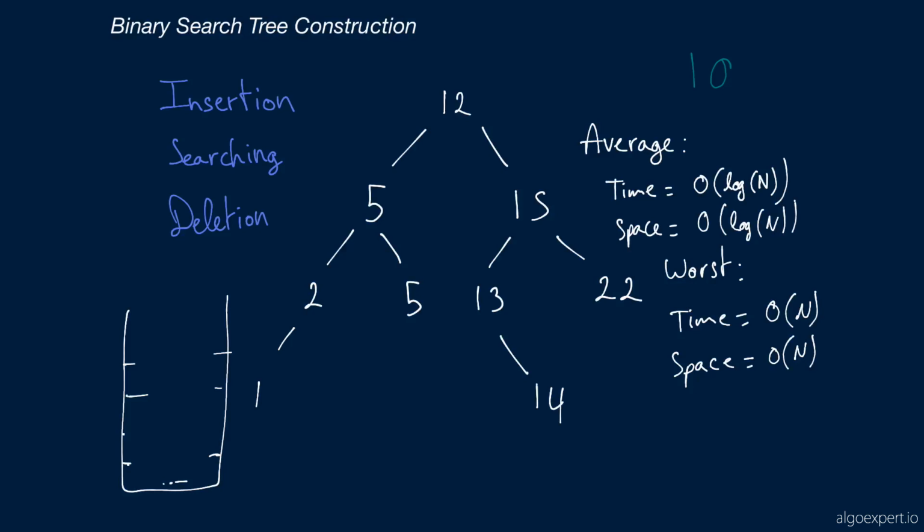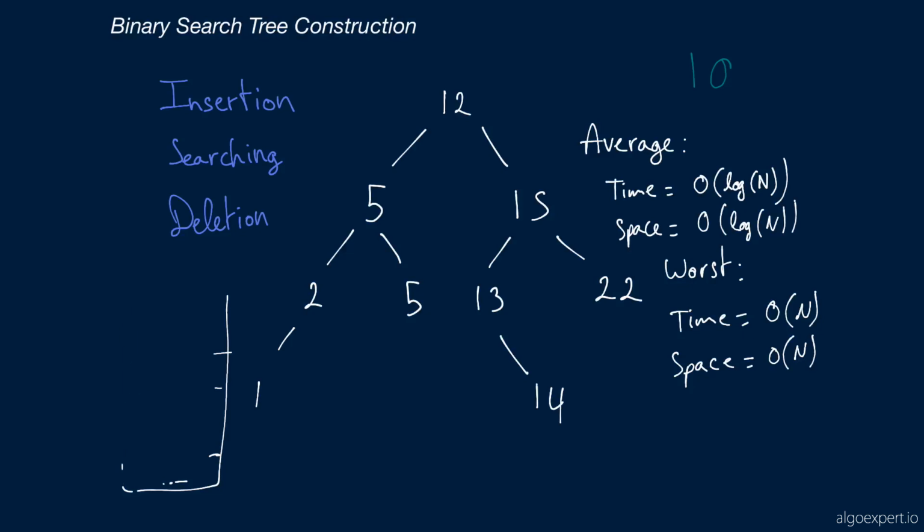And just like with time, in the worst case, this is going to be O of n, because if you have a tree that only consists of one branch, then you are effectively storing on the call stack n or n minus 1 frames, because you're going through the entire branch.